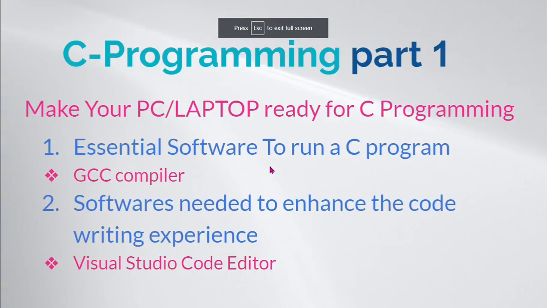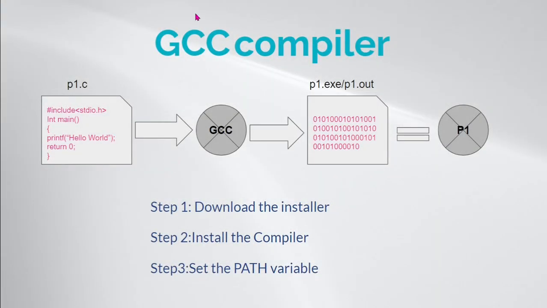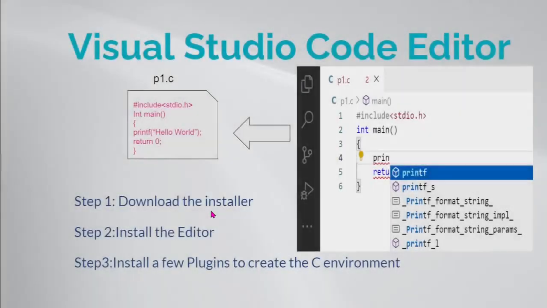If you have followed the video, then you have downloaded and installed this GCC compiler, so it means your compiler is ready. And also we set up the Visual Studio Code editor to get help like this. If you are using Visual Studio Code, we have seen that from Visual Studio Code itself we can directly execute our programs. So these two steps we have done in this part of the video.